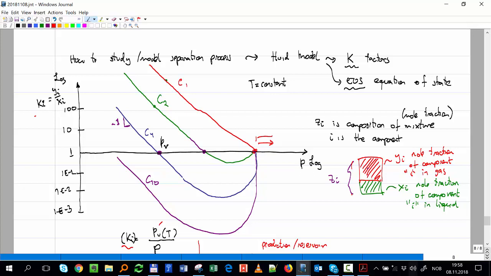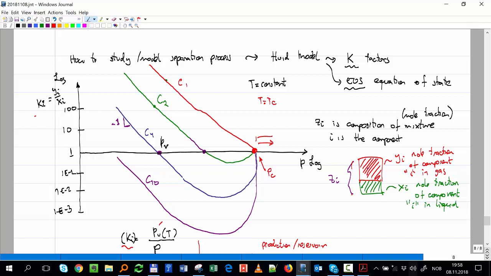No more vapor and no more liquid. After this point, we have just one phase. And what is that point? This point is the critical point. So for exactly this case, this temperature is the critical temperature, and all of them converge to the same point.